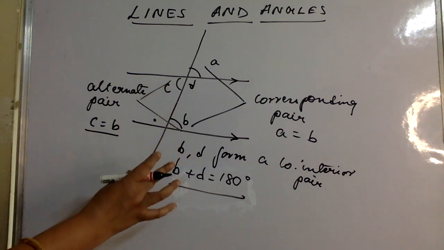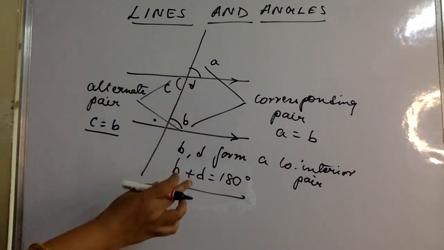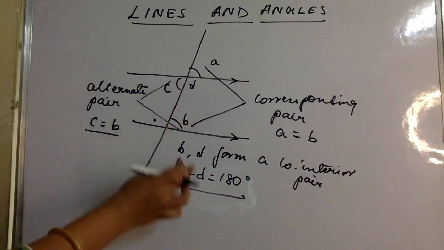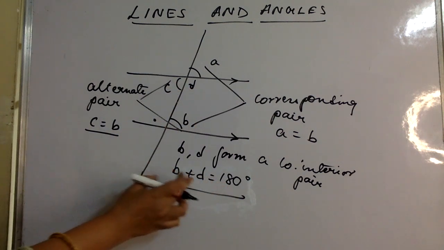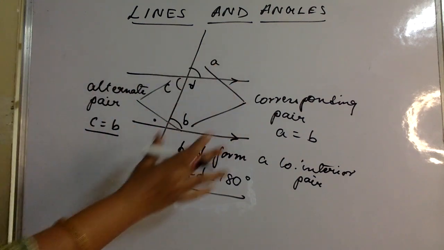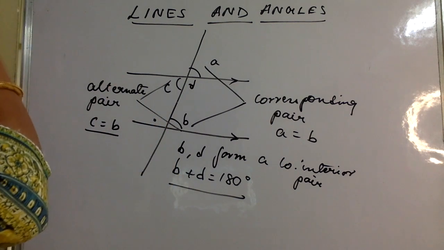So these two always form a co-interior pair, which means they are supplementary to one another. That is, they add up to 180 degrees. So with these 3 sets of angles, we are going to do the sums.